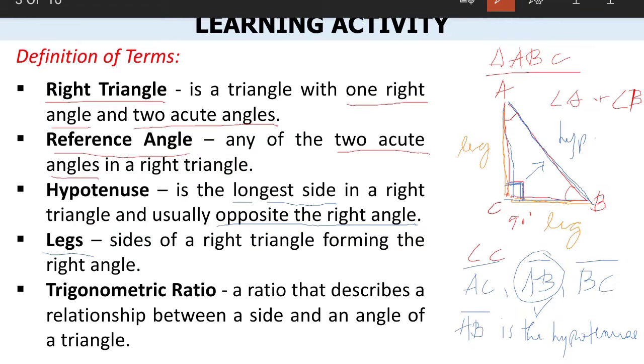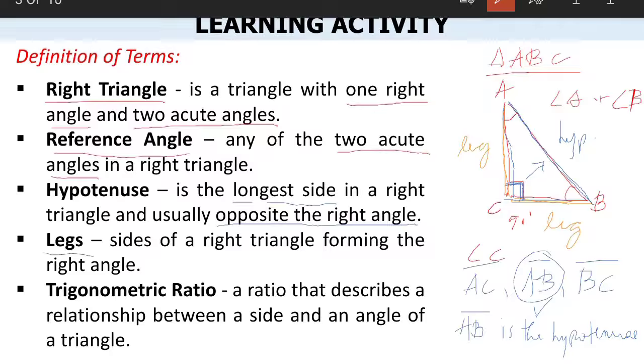Again, to summarize, a triangle is right if it has one right angle and two acute angles, and the reference angle can be any of the two acute angles in a right triangle. The hypotenuse is the longest side and opposite the right angle, while the legs are the sides which form the right angle.